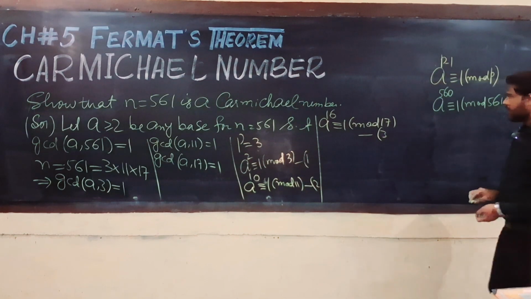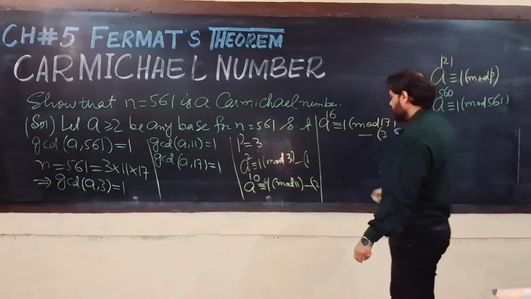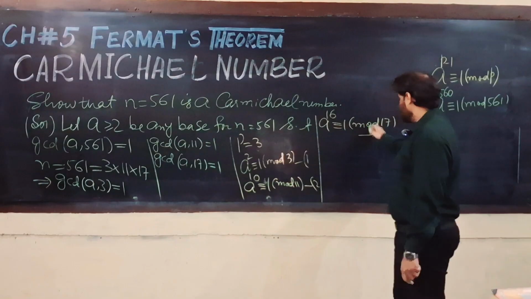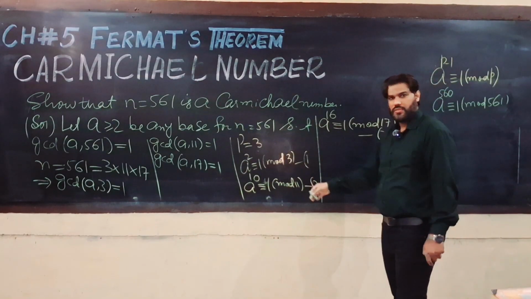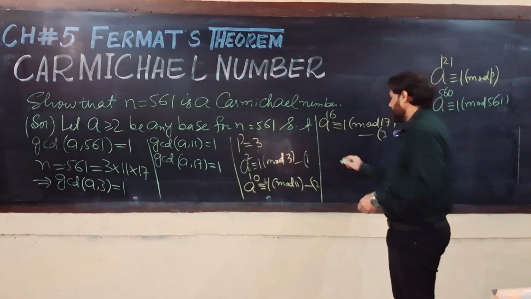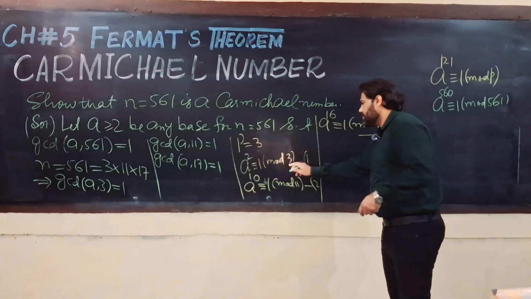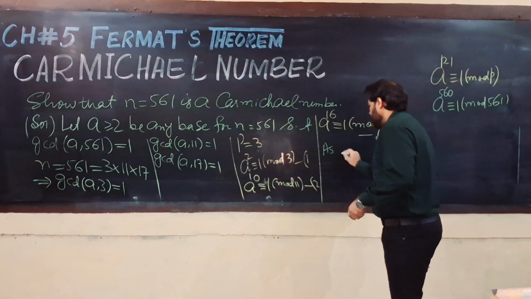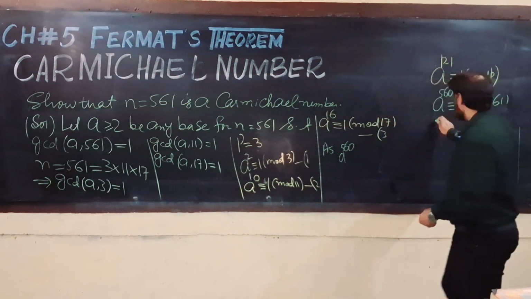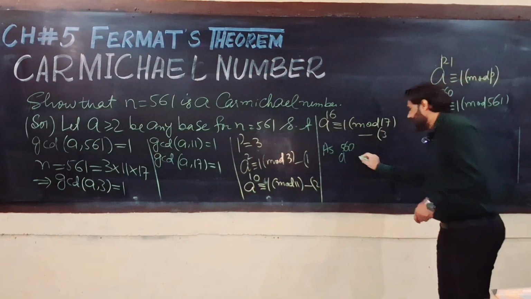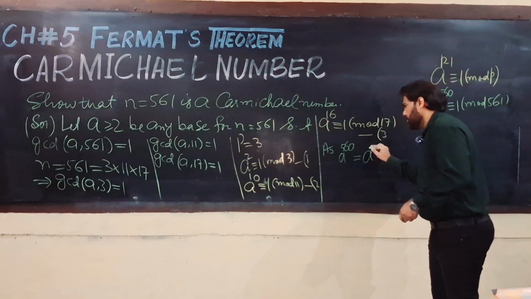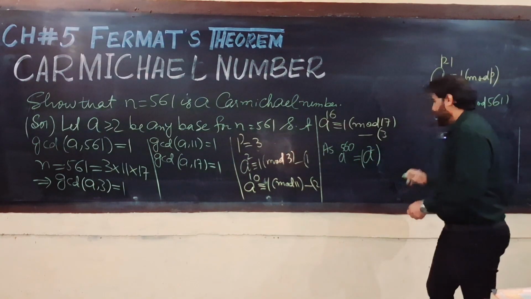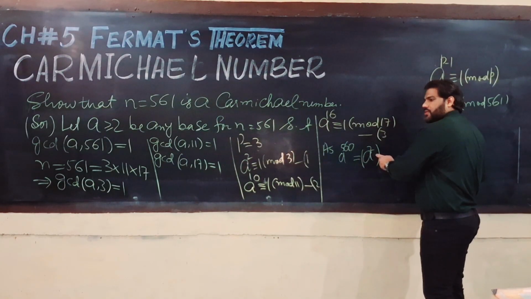I will use all of these three congruences. Using the first, a raised to power 560 can be written as a squared raised to 280, as 560 is divisible by 2.